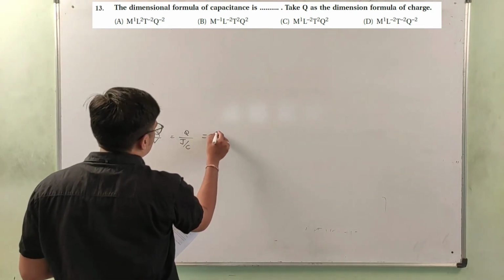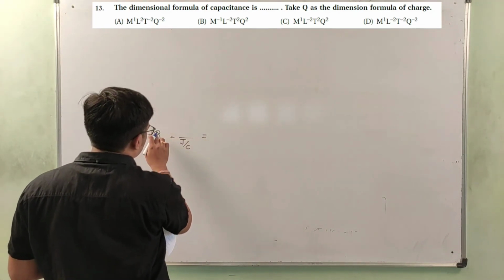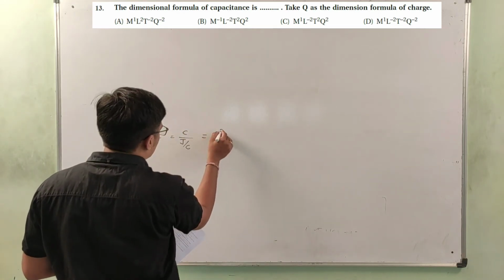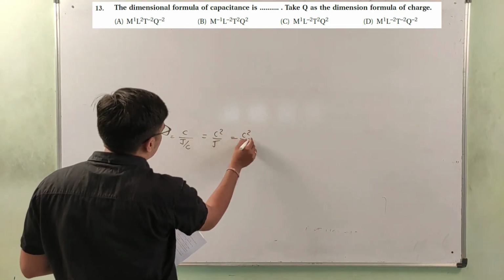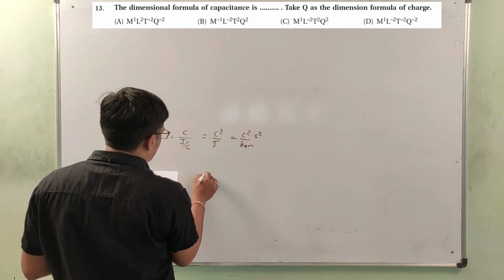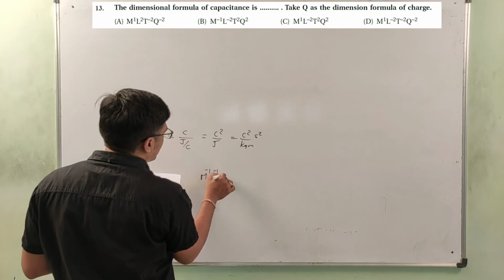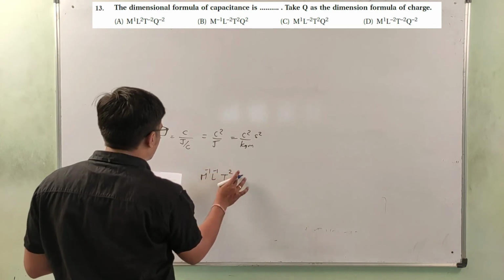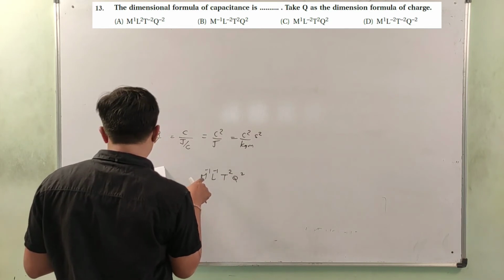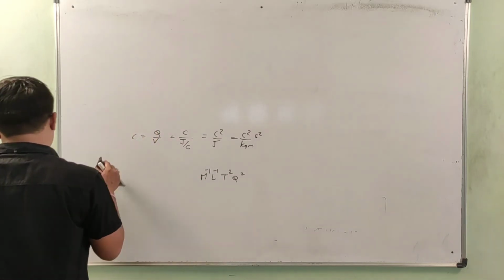So that is equal to charge in units of coulomb, charge is also coulomb. So coulomb square by joule. Joule is equal to kg meter square per second square. So the formula is M^-1 L^-2 T^4 A^2, Q square. So the answer is B. B is our answer.